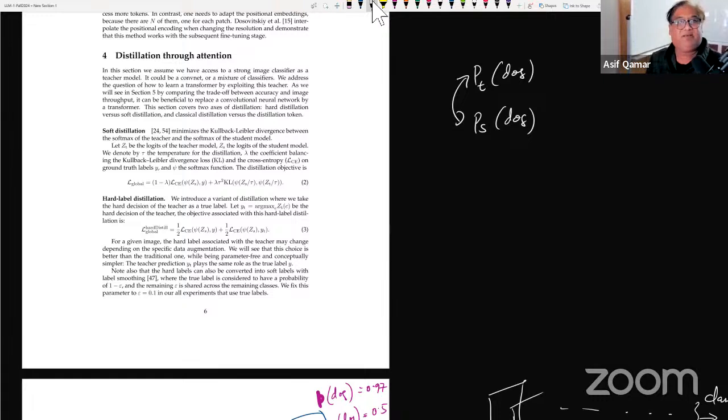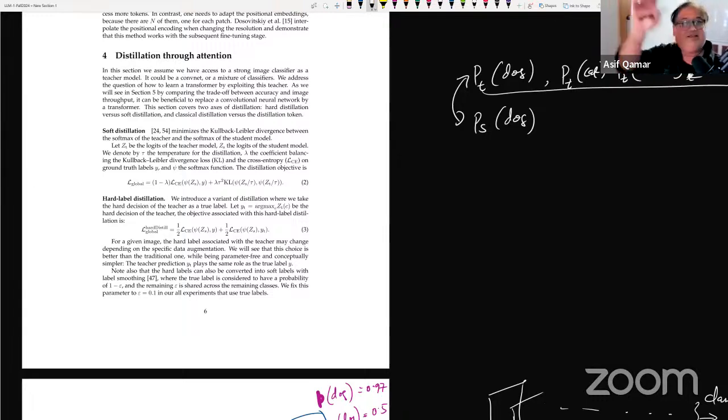The more specific way actually is the proper way. The teacher doesn't produce just the probability of the dog. It produces the probability of a cat, probability of a horse, probability of a cow, everything, right? So it is, in other words, a discrete probability distribution. It is a softmax, right? The output of the teacher is a softmax. It will give you the probability of every item in your dictionary.